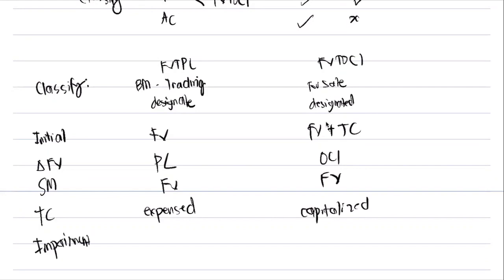So guys, if we look at it, the only main difference that we can see now is your FVTOCI and this one, impairment. So all those items that we learned under your debt investments are almost the same with your equity investments, except for these two items, for your OCI and your impairment.